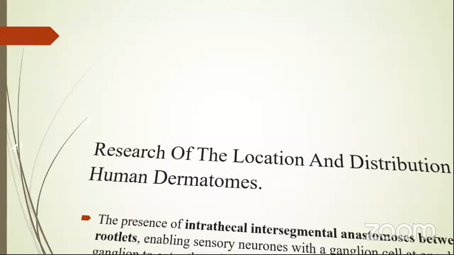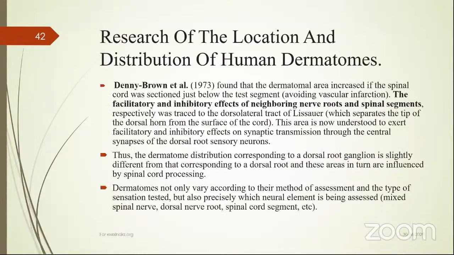Again, in 1973, the same person did research and found that there is a facilitated inhibitory effect of neighboring nerve roots. So they say sometimes they help the next spinal segment, this nerve root.